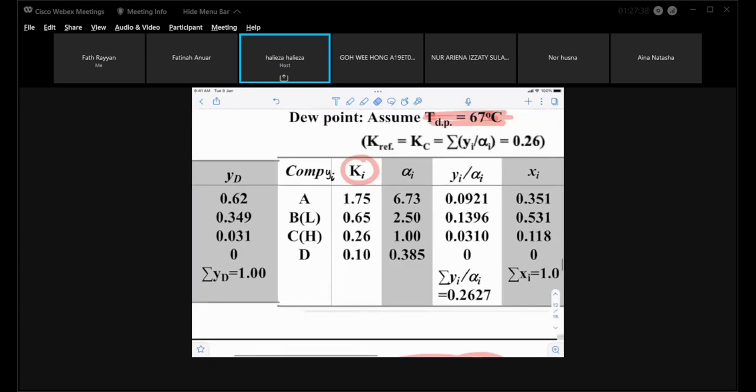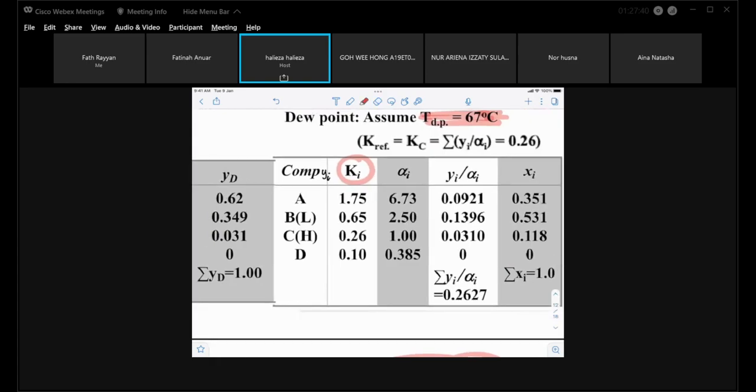Okay, so now for my K value, I selected Kc to be my reference component, so I get my relative volatility equal to 1. Remember, relative volatility is calculated as Ki over K reference.